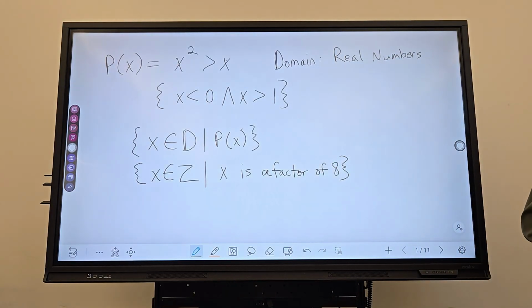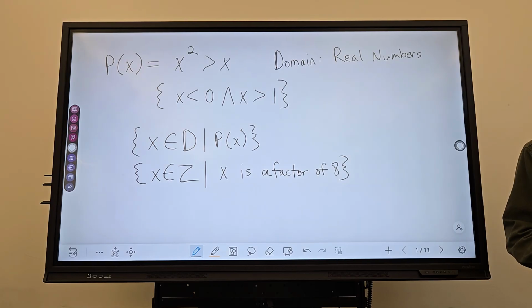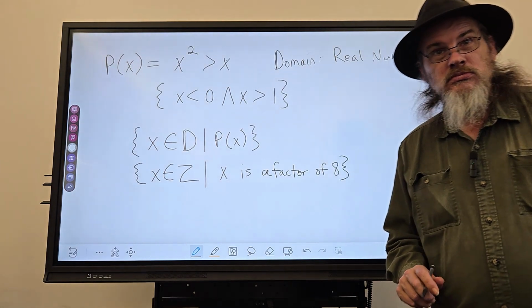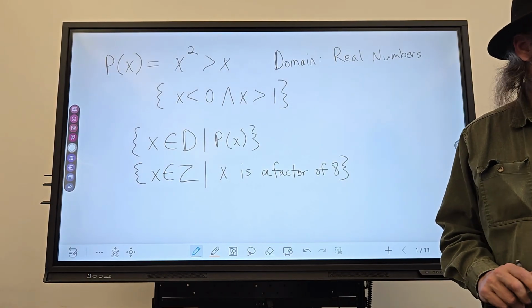Set roster notation, though, would yield what? What are the factors of 8? And? And what else? Not 16.